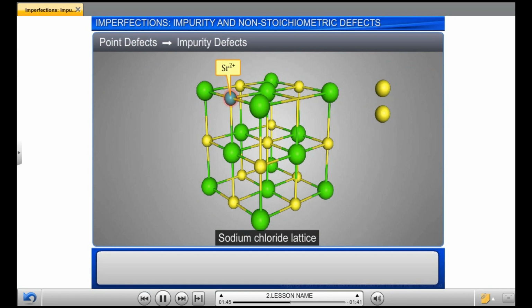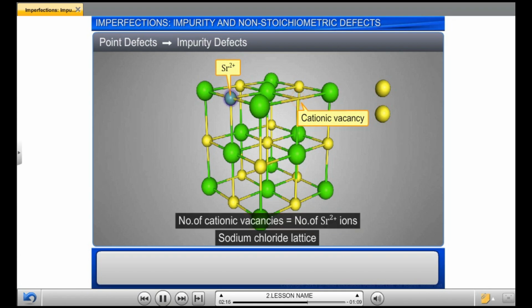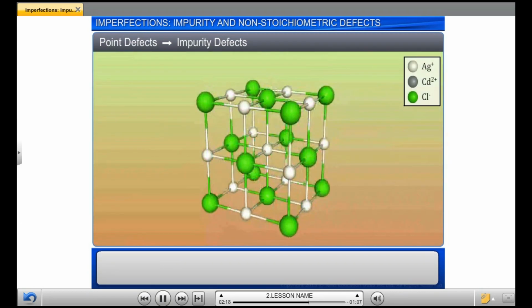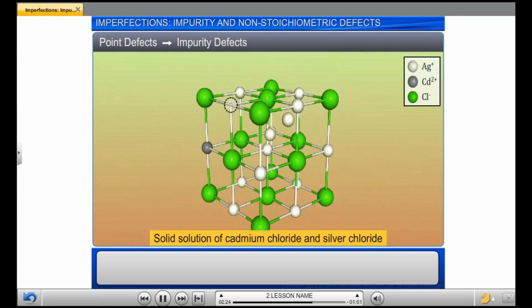Each Sr2+ ion replaces 2 Na+ ions. Sr2+ occupies the site of one sodium ion, and the other site remains vacant, which results in the creation of cationic vacancies in the crystal. The number of cationic vacancies is the same as the number of Sr2+ ions present in the crystal. Another similar example is the solid solution of cadmium chloride and silver chloride.